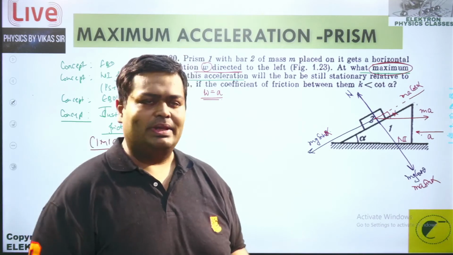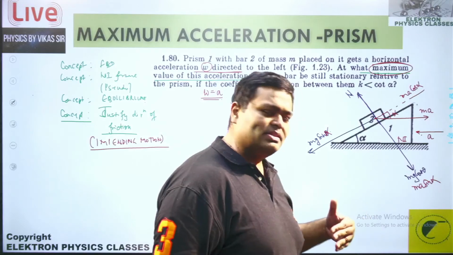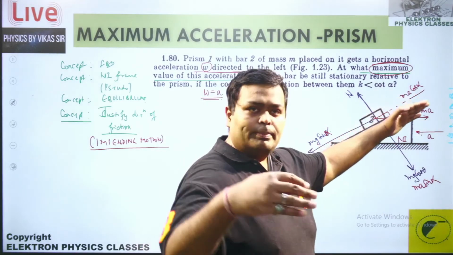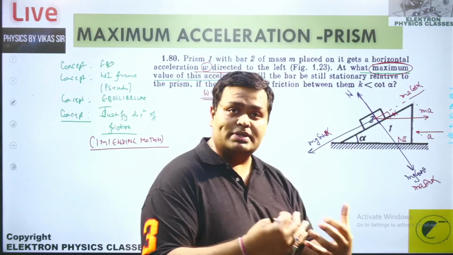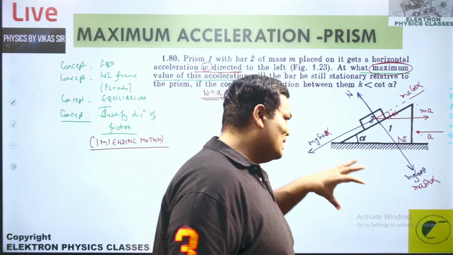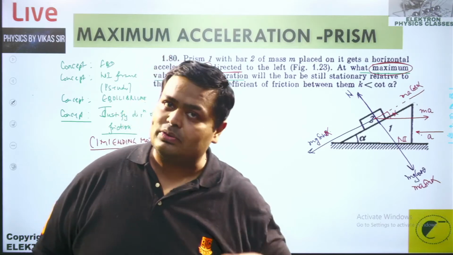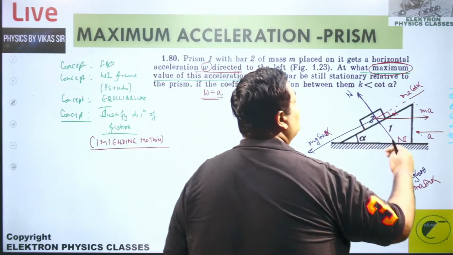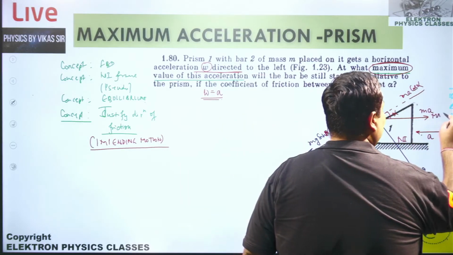Suppose the acceleration was lesser, then the pseudo force will be lesser and the component ma cos alpha will be lesser in comparison with mg sin alpha. It has a tendency to slide down, so the friction has a tendency to act up to oppose the slipping. But that's not the case right now. The question is telling us that a is maximum, so I have to consider a to be maximum.